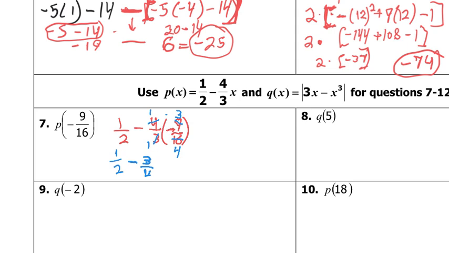So it's like 2/4 minus 3/4 equals negative 1/4. Okay? Negative 1/4 on that one.